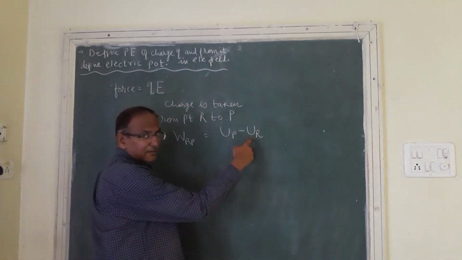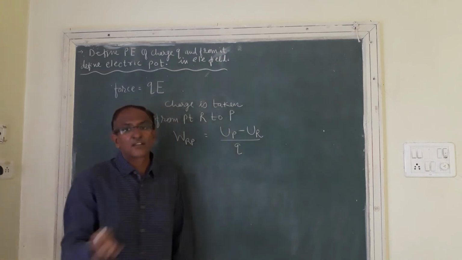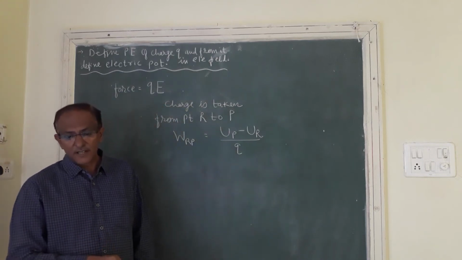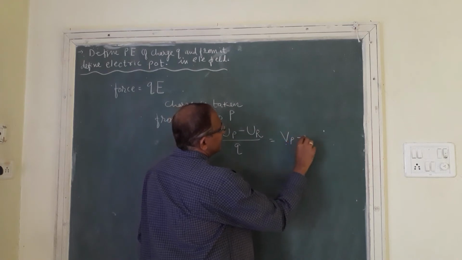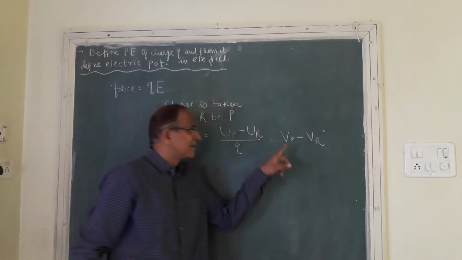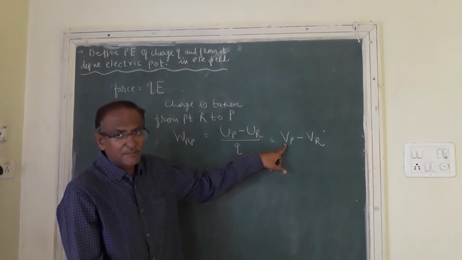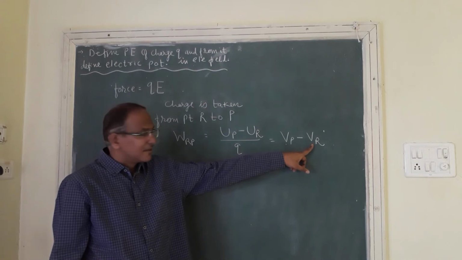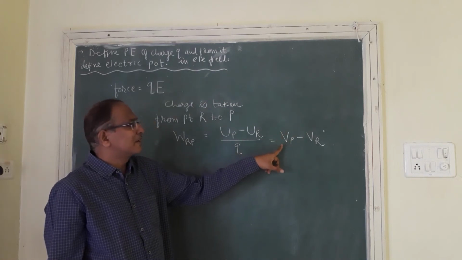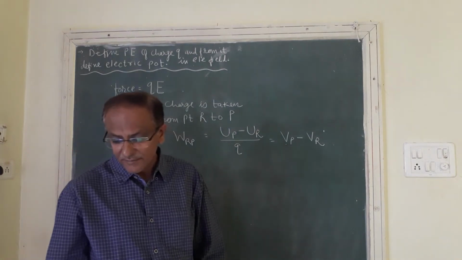This is the work done. Now if that work done is divided by Q, the charge which you are taking, then you get V_P minus V_R, where V_P is the potential at point P and V_R is the potential at point R. So this is the potential difference between point P and point R.